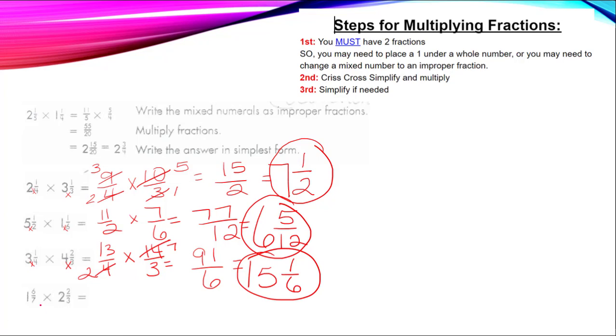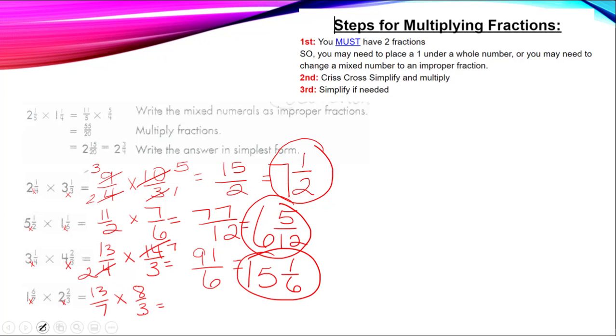Okay, on the last one we have 2 mixed numbers that need to be improper. 1 times 7 is 7, plus 6 is 13 over the 7. 2 times 3 is 6, plus 2 is 8 over the 3.